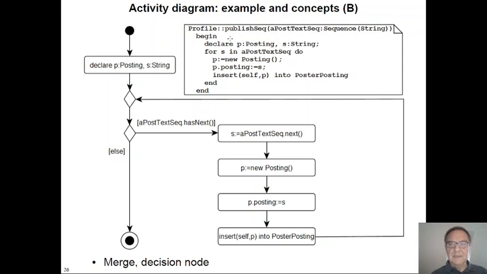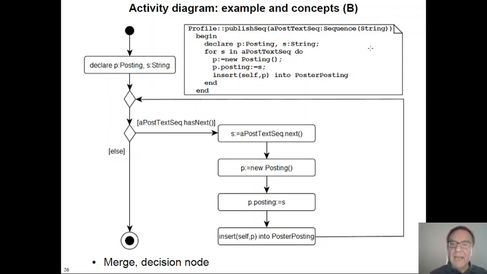The original publish operation has one parameter, which is a string. And what the publish operation does is that it generates a new posting object, it manipulates attributes in the posting object, and then it connects the new posting object to the profile that has been calling the publish operation.